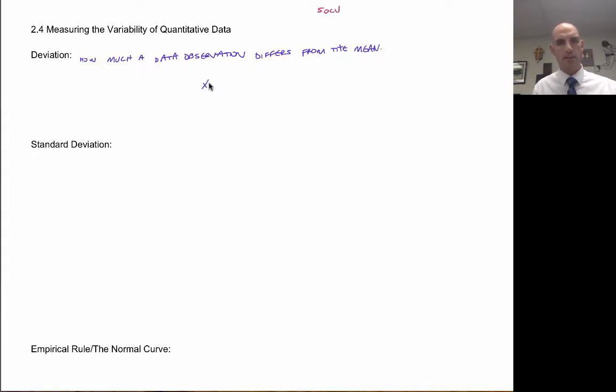And the way that we measure this is x minus x bar, right? That's x minus x bar because the observation is x and the mean is denoted, as we've talked about, with x bar.